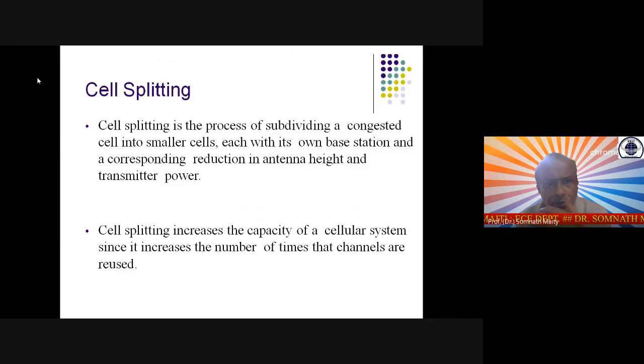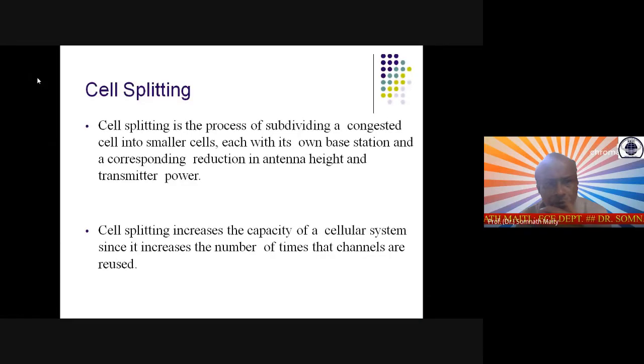because you have increased your position. You are now at a higher position. If you move on a road, you cannot see all those buildings. So in order to serve a large number of customers, the height of the antenna and the transmitter power have to be increased.